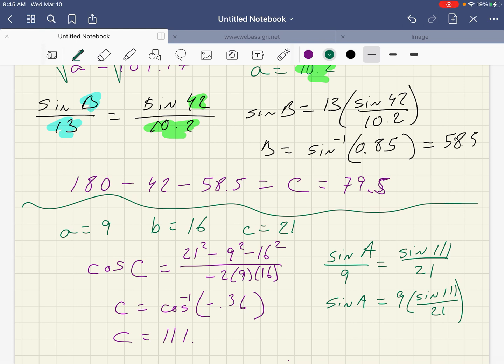Okay, so I've got 9 times sine of 111 divided by 21. So I've got sine of A equaling 0.4. Do my inverse sine. And I get capital A equaling 23.6 degrees.